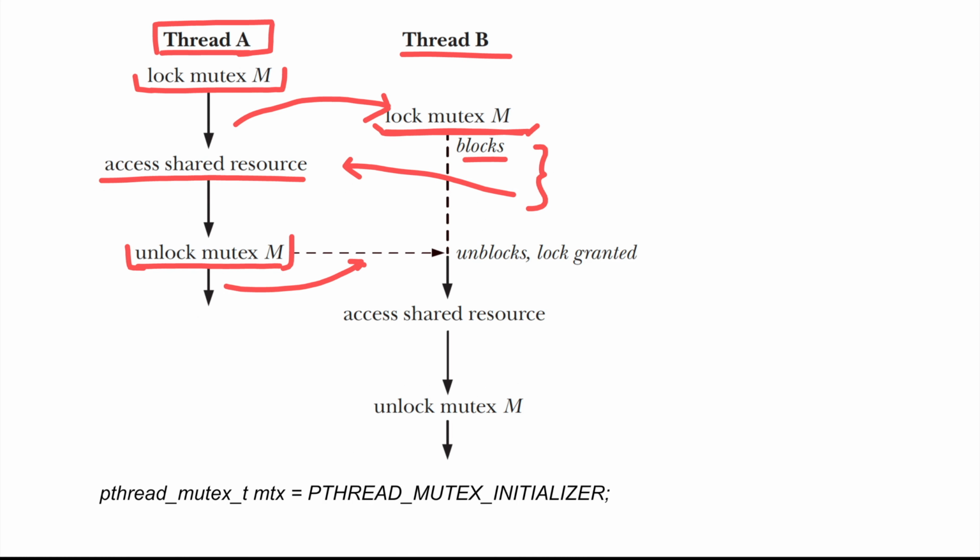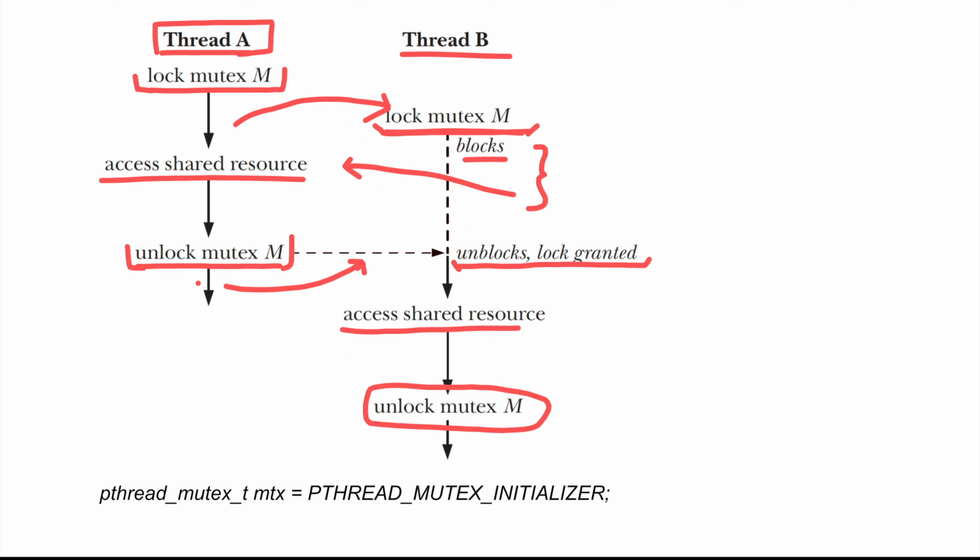Thread A goes back to waiting state and thread B is now assigned the CPU. Thread B would now be able to acquire the mutex. It would access the shared resource, and then unlock the mutex towards the end so that either thread A or any other thread within the process can access the shared resource.